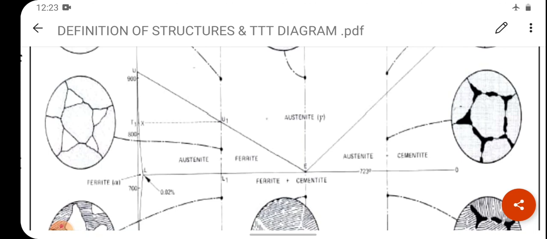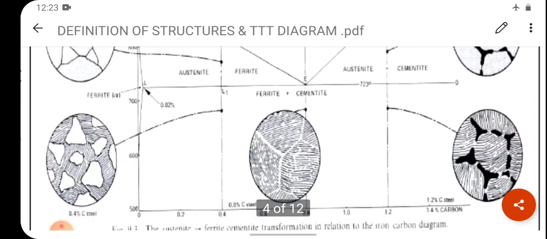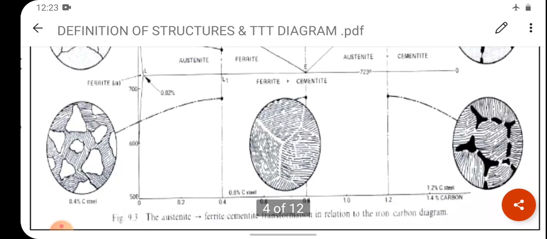Clear? Now the last one, these three diagrams. These three diagrams show different microstructure at different temperature, so here I am considering temperature below 727 degrees Celsius.